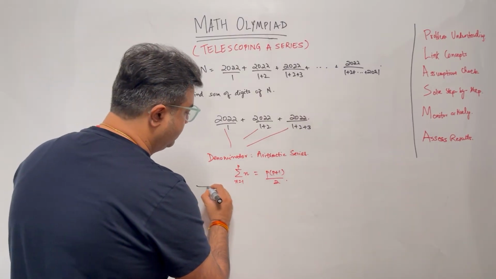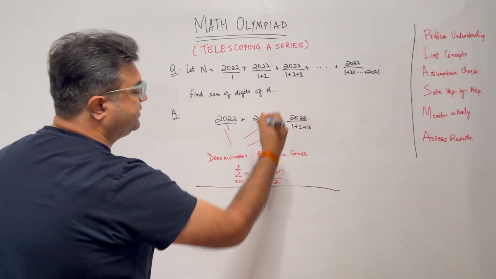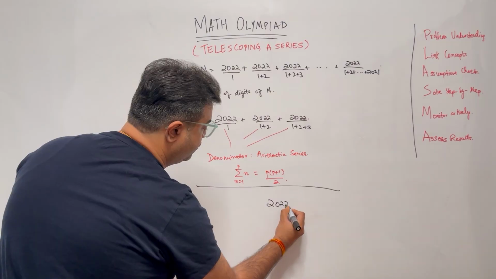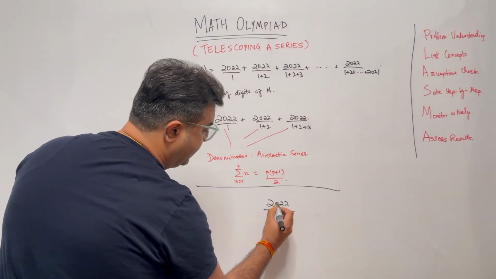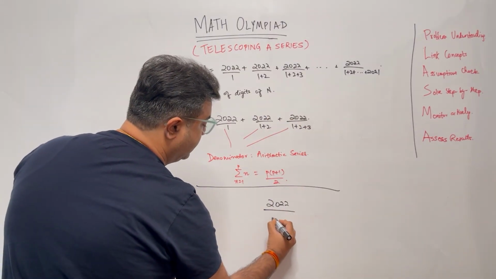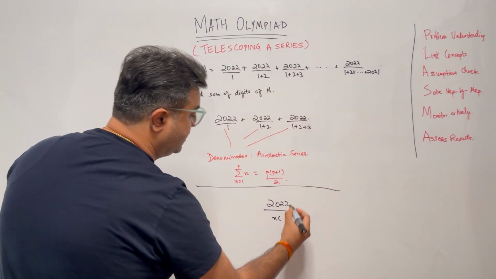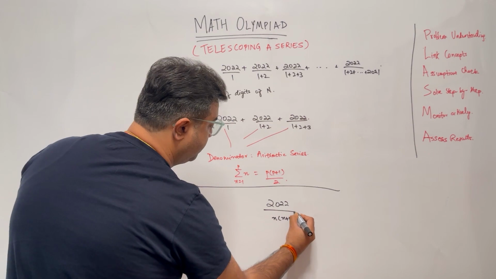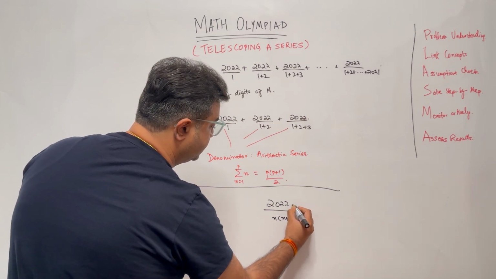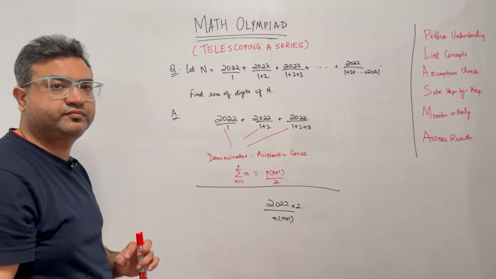Okay. So any nth term, let's say 2022 by the nth term, will look like n into n plus 1 by 2. This is the first term, this is second, this is third. So this 2 I can multiply on the top.